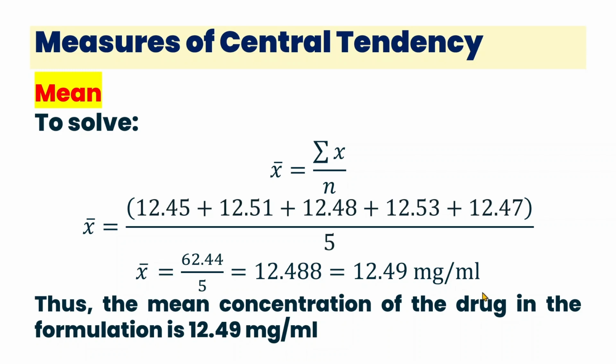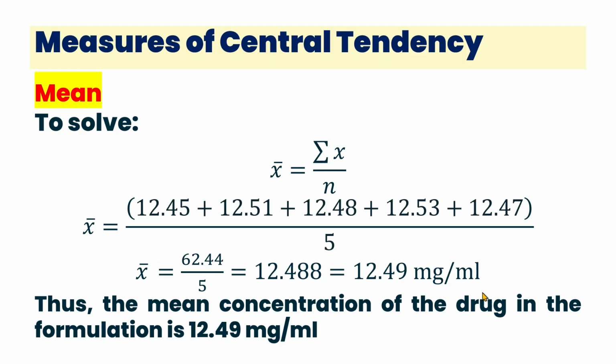The sum of all the values is 62.44, and then we divide by the total number of observations. So there are 5 observations or 5 measurements. So 62.44 divided by 5 is 12.488.